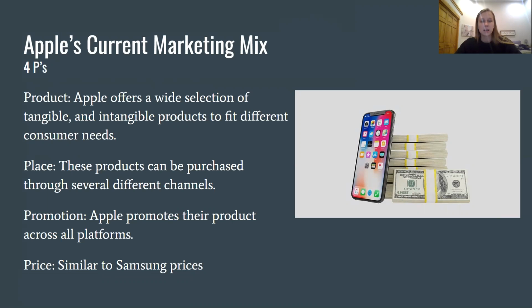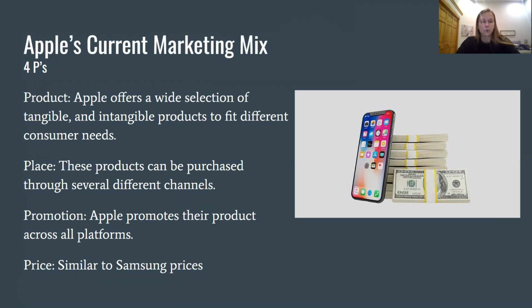For Place, these products can be purchased through several different channels. You can buy it straight from the Apple Store, from a cellular provider, or straight off the website.